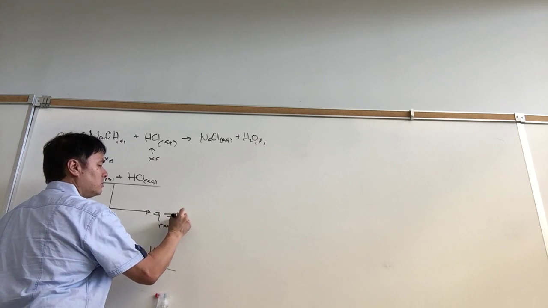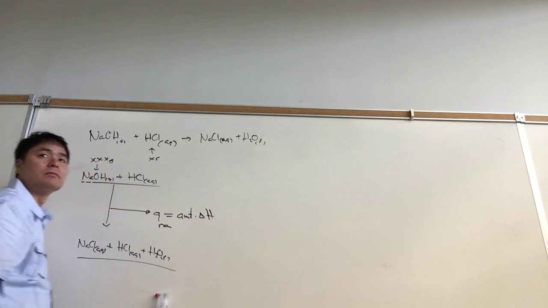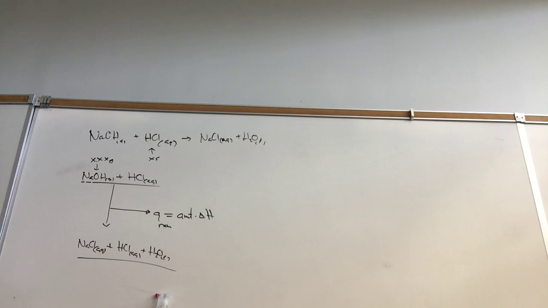Q of the reaction is equal to the amount times delta H. In this particular instance, delta H and delta U are the same. No difference. But in the lab, they want us to calculate delta H. They don't want us to calculate delta U.